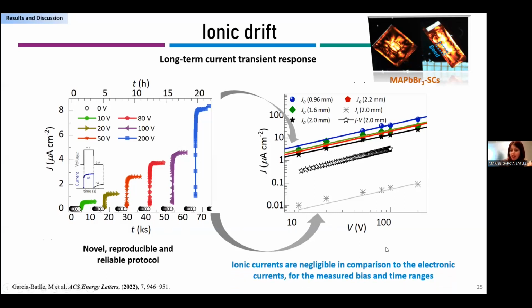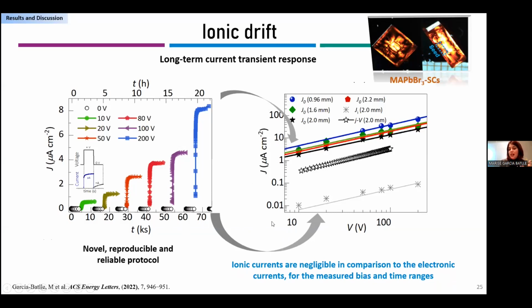As you can observe here, and this is a conclusion of this plot, these ionic currents are negligible in comparison to the electronic currents, in terms of value. We have nanoamperes and we have microamperes here.